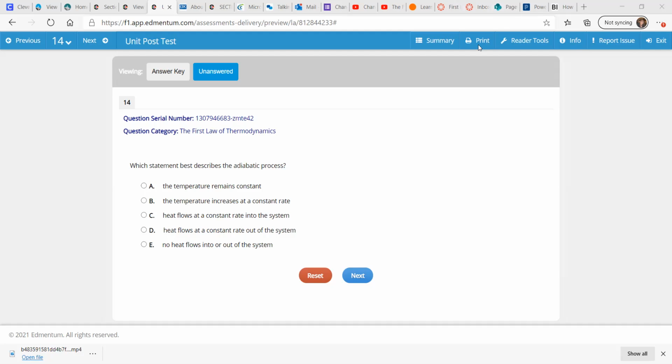And the first law of thermodynamics is really the same as the conservation of energy. And that is because heat is a form of energy. And so in a system, that is conserved as well.